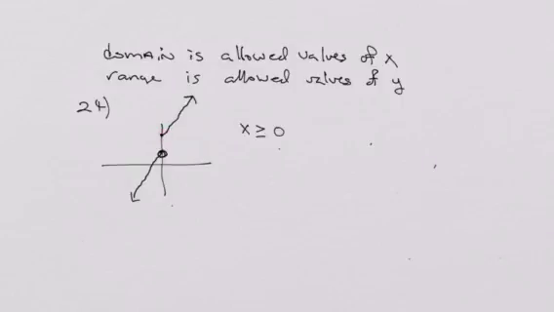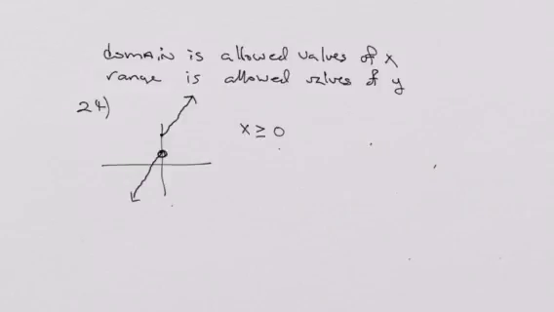So we don't have to put a hole there. We can make that solid. Domain is the values of x that are allowed. This guy keeps going. I can stick in any negative value of x and the function still works. I can stick in any positive value of x and the function still works.